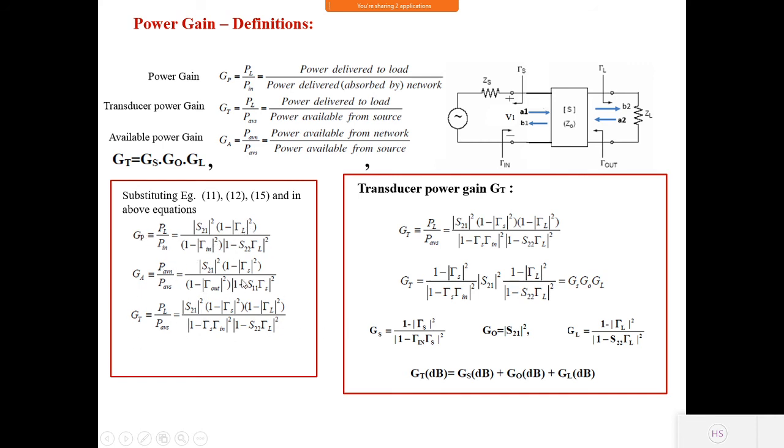So this is about the definitions of power and gain. There are four types of power definitions and three gain definitions, and again these gain equations we have like this. So that is about power and power gain definitions.